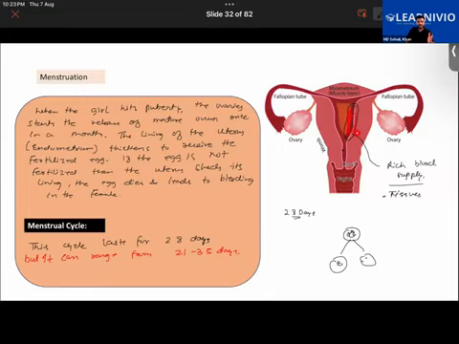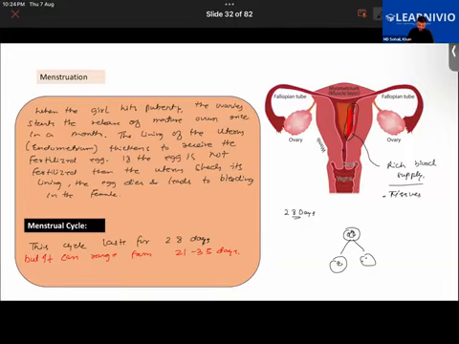Around the middle of the cycle, the egg is released from the ovary, which is called ovulation. Then, if fertilization does not happen, the uterus lining will break down again, leading to the next menstruation. So it's a complete cycle with different phases.